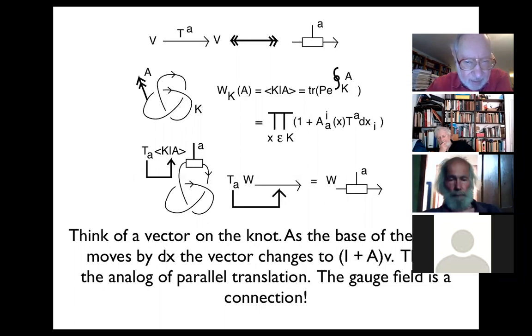If you were to apply that to a vector, then you are sequentially applying 1 plus A times the vector and going to the next point, and then evaluating at that point and applying 1 plus A times the vector, and you are shifting the vector along by parallel translation step by step until you come all the way back around to the beginning. I forgot to write trace on that formula. I meant to take the trace of it.